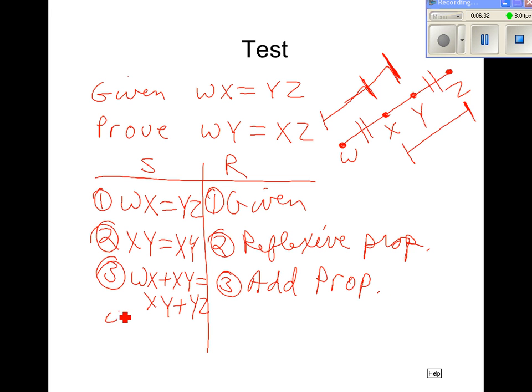Step 4. I'm going to run out of space, I'm sure. There's only 5 steps, isn't there? Yes. This one's WX plus XY. Watch, I'm going to write this one up here so I don't run out of space. WX plus XY equals the whole thing, WY.